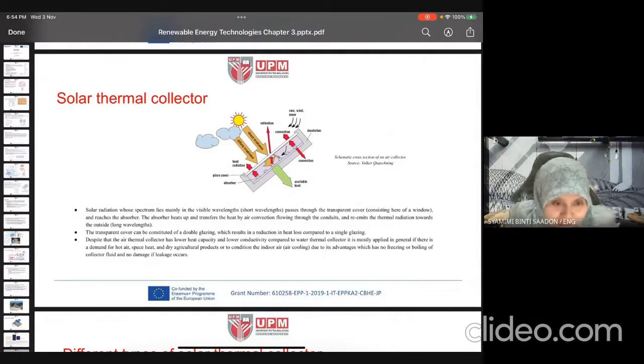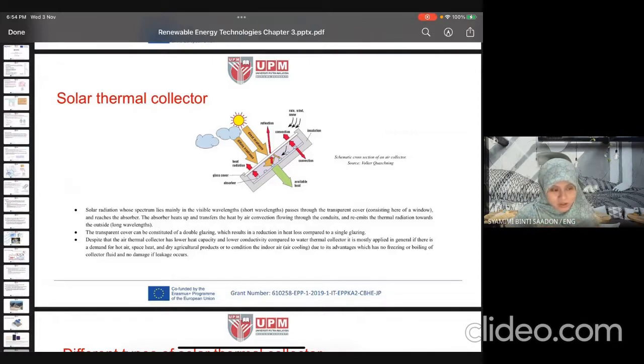Solar thermal collector. Normally the PV panel is integrated with a collector that we call a thermal collector, so that other than just transforming the radiation from the sunlight, we can also produce heat inside the collector.